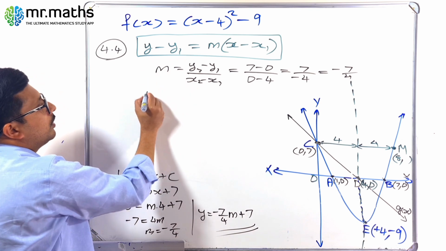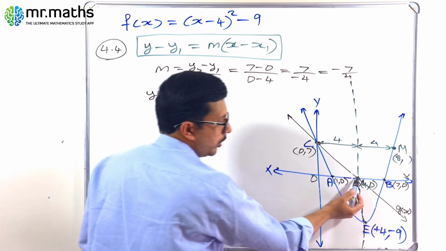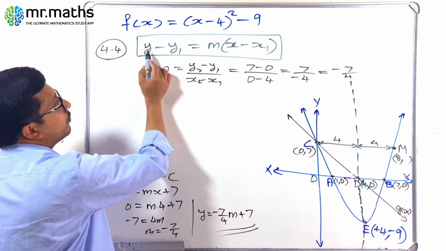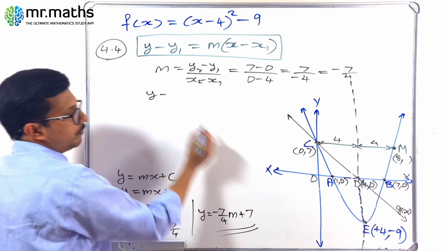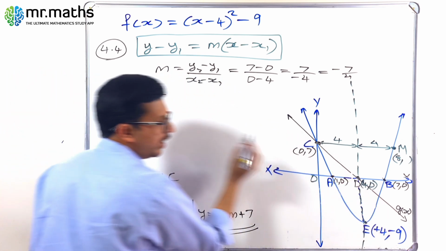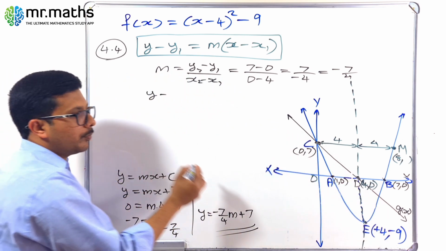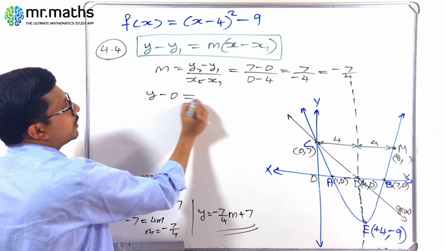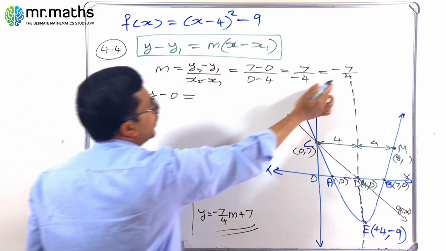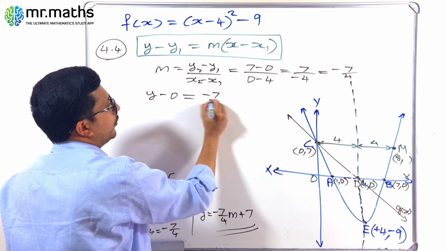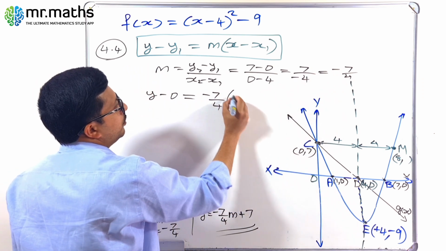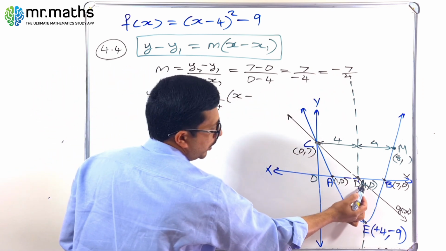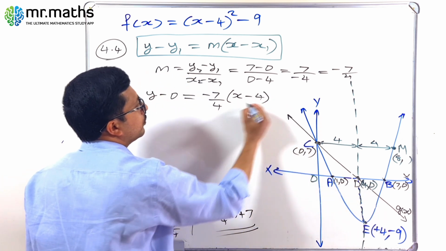So now we can substitute at the same point, 4 comma 0. So y minus y1. What is y1 at this point? 0. Any one point on that line, it doesn't matter whether this point or this point. So y minus 0 is equal to m, which we got as minus 7 over 4, into x minus, at that point what is x? 4.